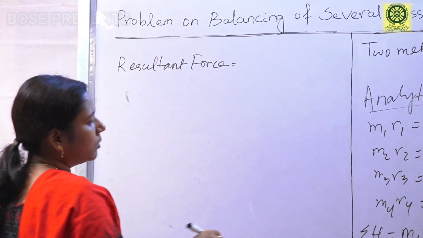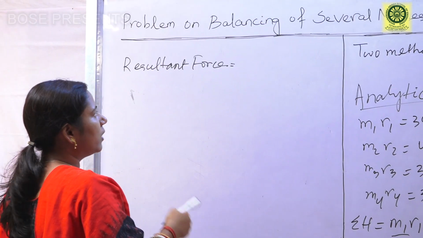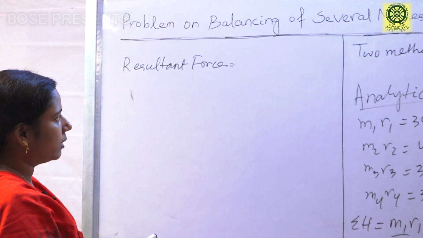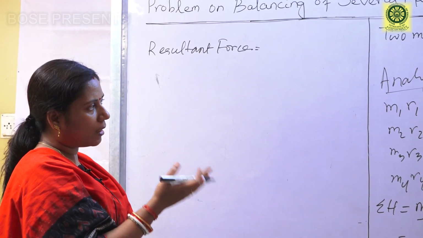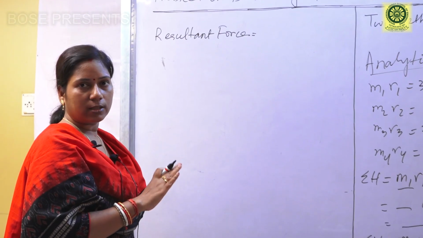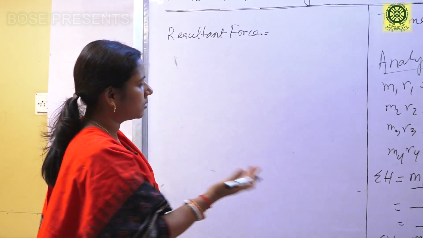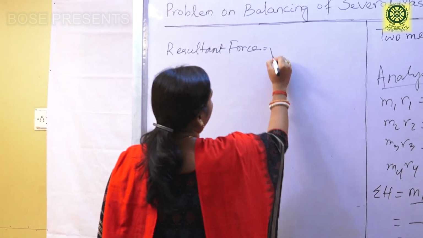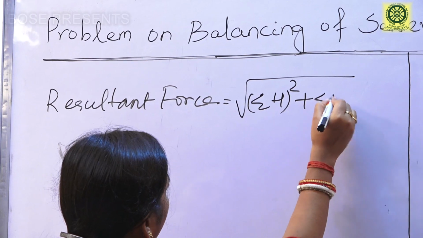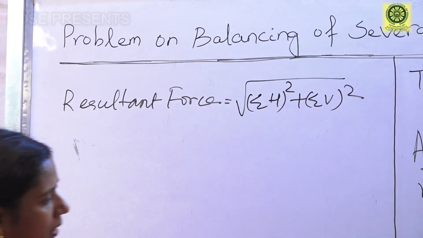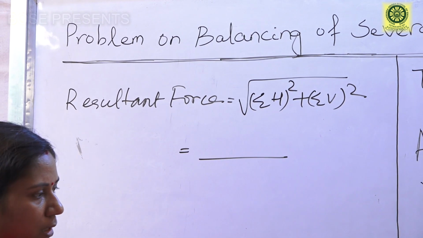Another thing I am telling you, why we are directly writing M1 R1: because the formula of centrifugal force is m r omega square, and as omega square is on both sides, we are just ignoring it. So directly I am writing root over of summation of horizontal square plus summation of vertical square. Okay. Now you can find out the resultant force.